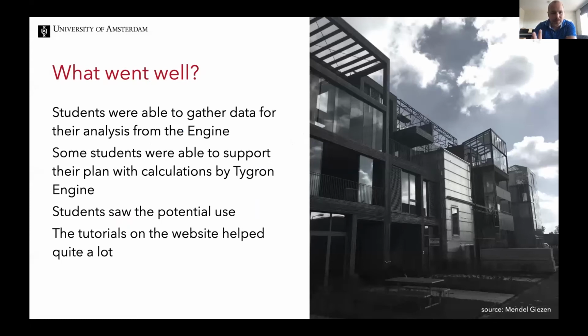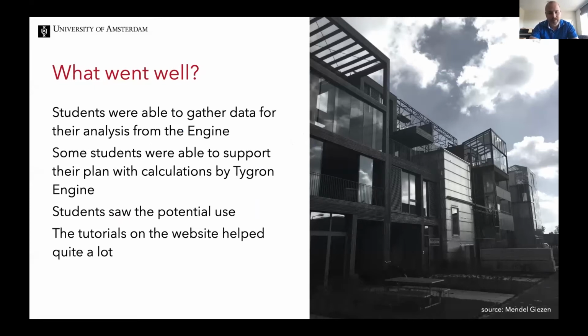So what went well: students were able to gather data for their analysis from the engine. They were able to do the overlays, such as the rainfall overlay, and understand what the problem was. So they could substantiate their analysis and their first ideas of what the problems actually are in the areas they were assigned.